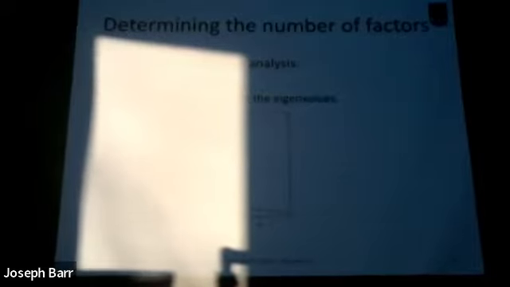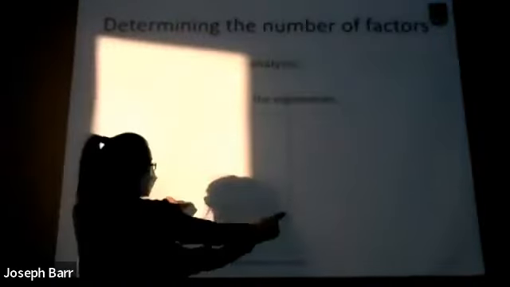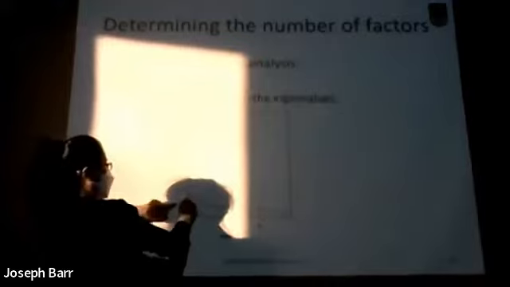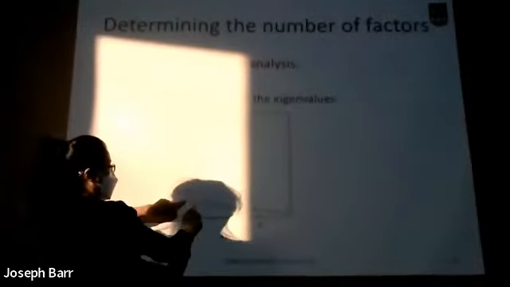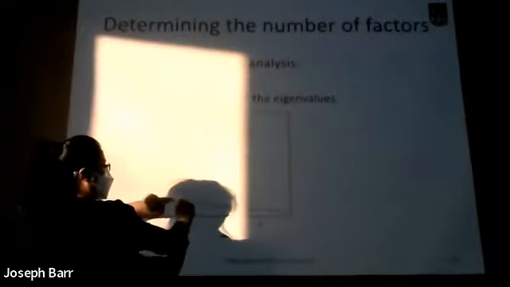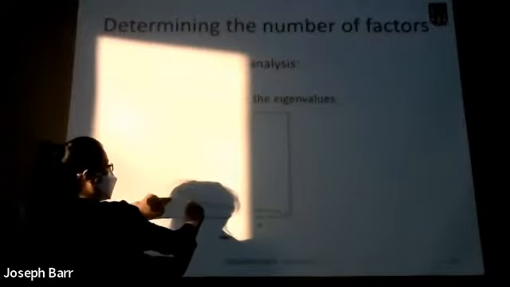From the biggest one to the fourth one, the eigenvalues are dramatically bigger than the remaining ones, which are all quite similar. From here to here, the drop is big, so we decide to use the cutoff point around here.